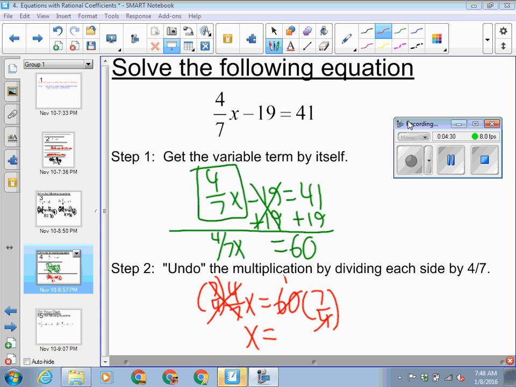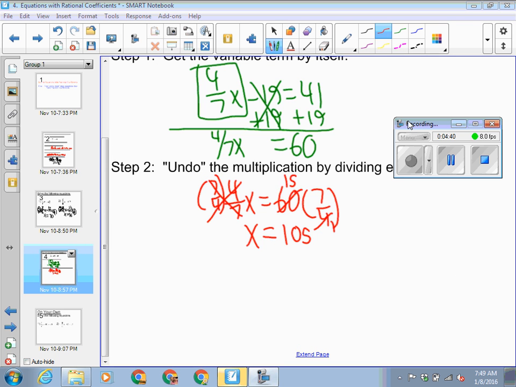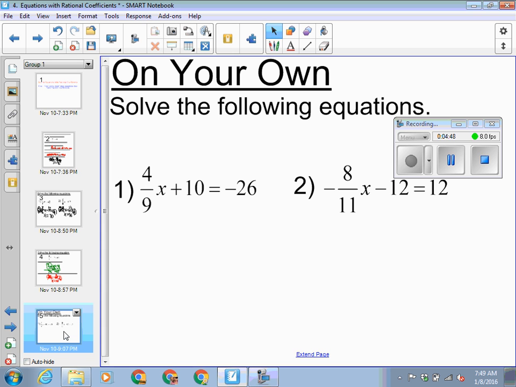Divide both by 4, we get 15. 15 times 7 is 105. So, same process, just adding that addition step above. So now go ahead and try these two on your own. Stop the video now and try them.